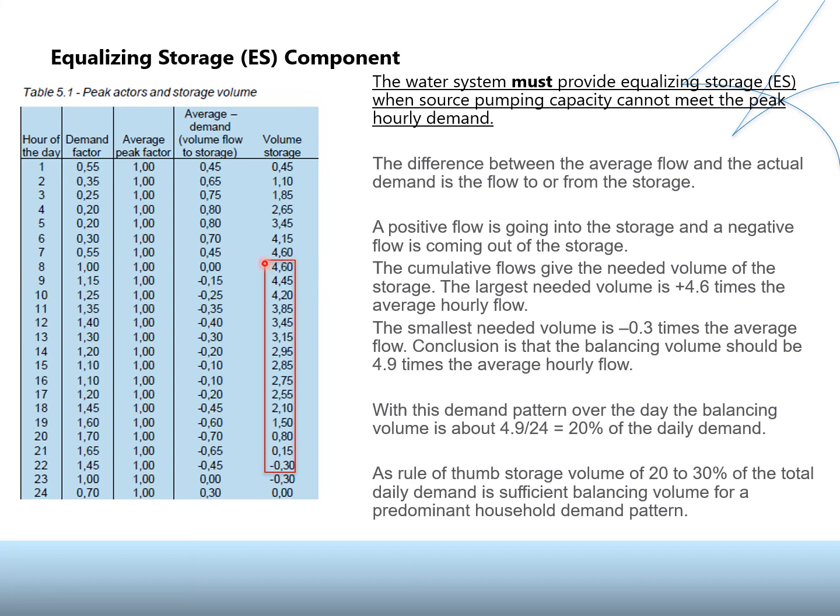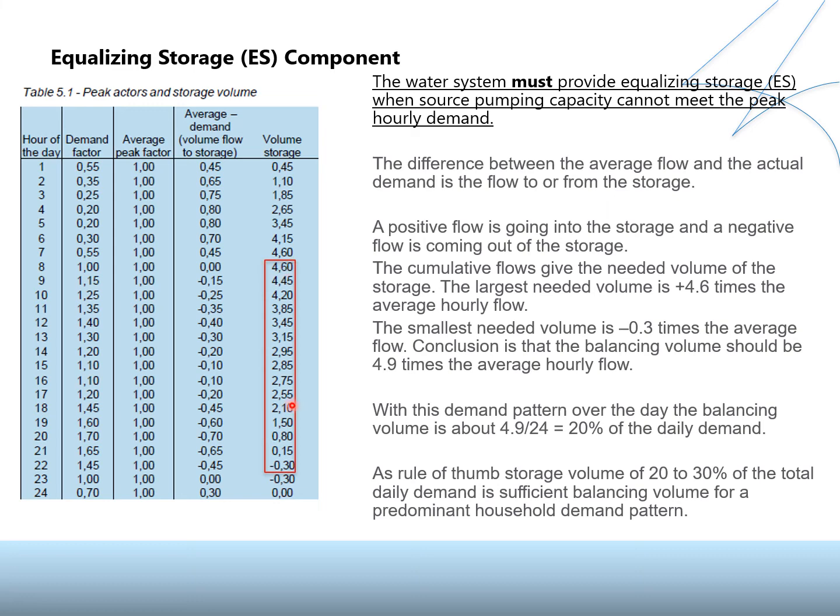And from this point is the maximum, and then from that point we have more demand. So we are using whatever we have stored before, and then you can see the water volume in the storage tank starts to deplete, and eventually it goes to negative, right?